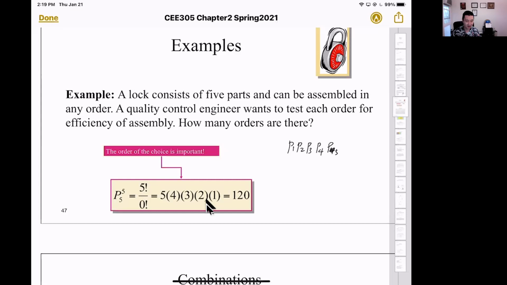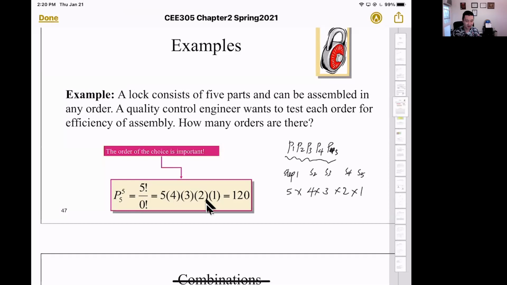Again, we can think of this as 5 steps: step 1, step 2, step 3, step 4, and step 5. For the first step, we have 5 parts to choose from. For the second step, we have 4 remaining. For the third one, we have 3 remaining because we picked 2 already, and so on.